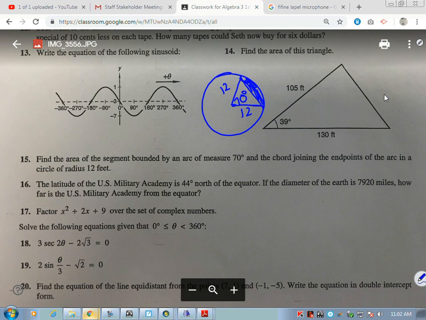Area of the sector. How do I find the area of the sector, Miles? So I'm doing pi what squared? Pi 12 squared over 360, times 70. What did that come out to for you?